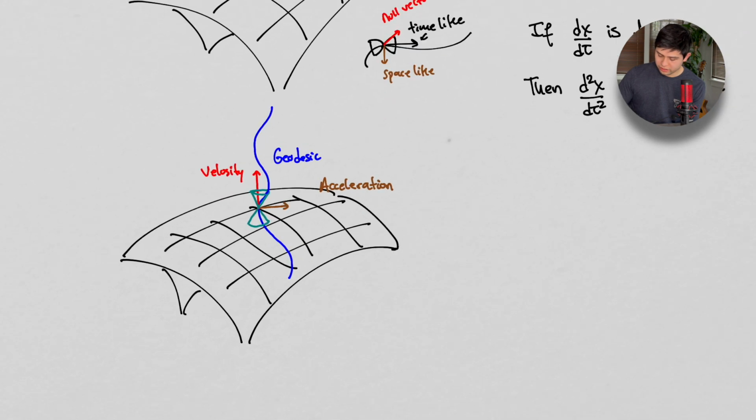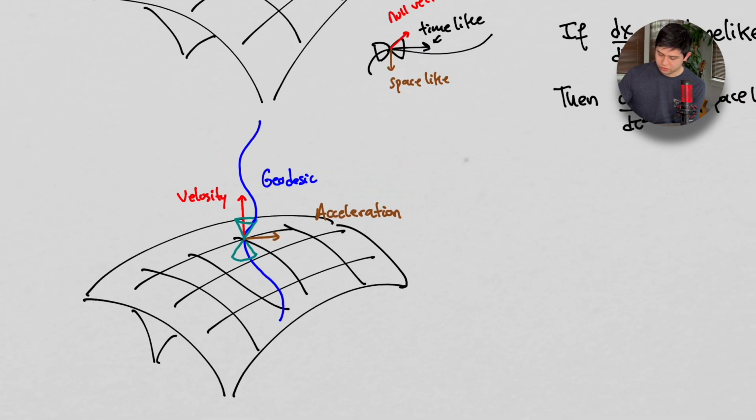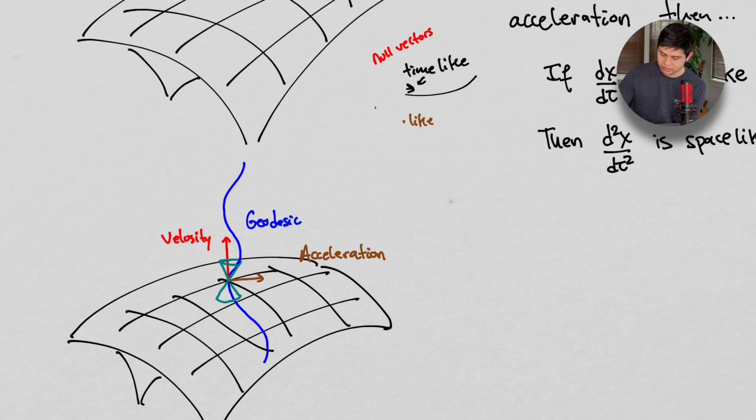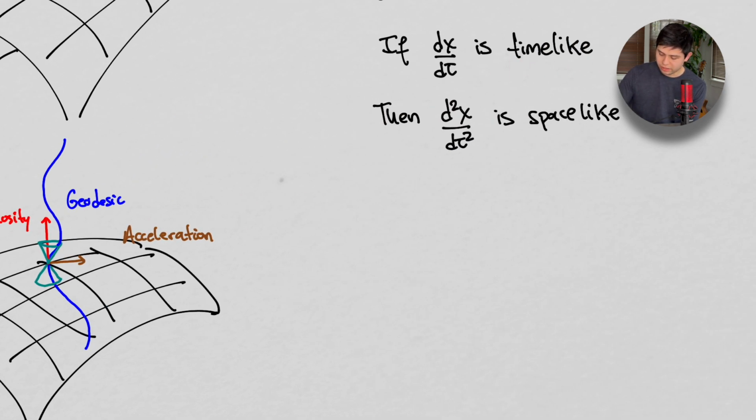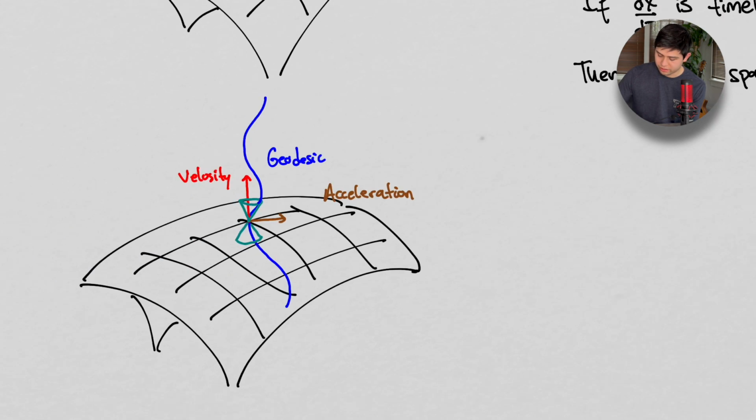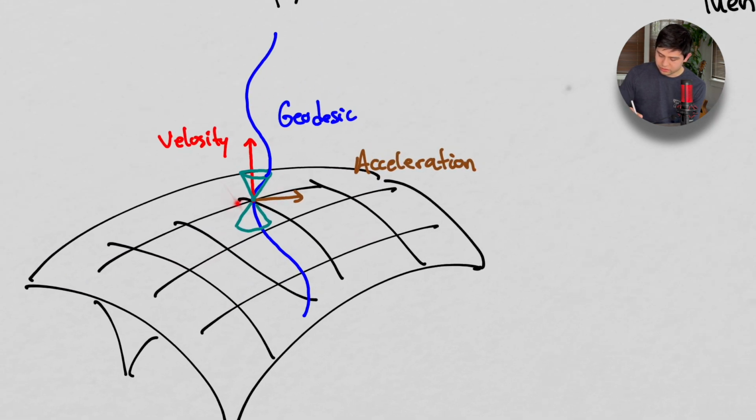So here's that image. I put that image in here, more from a manifold perspective, where we have our geodesic traveling in our manifold. We have velocity vectors that are tangent to our geodesic, and those again are time-like. And then we have acceleration vectors, which are space-like.